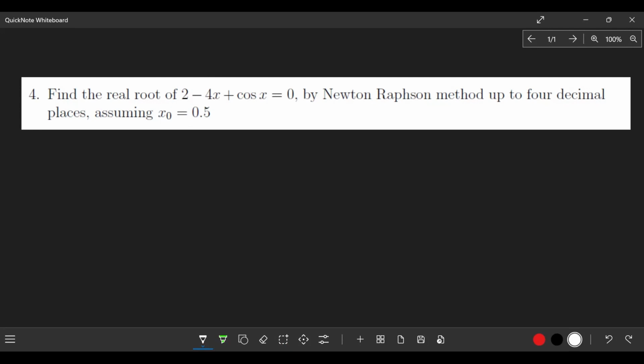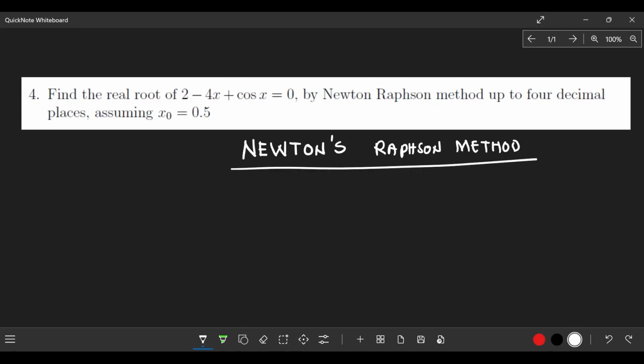So Newton's Raphson method. We have the function, and we want to find the real root of this. This is the formula you need to use. To find the root xn, you make use of the previous root, just like the other methods work, right?